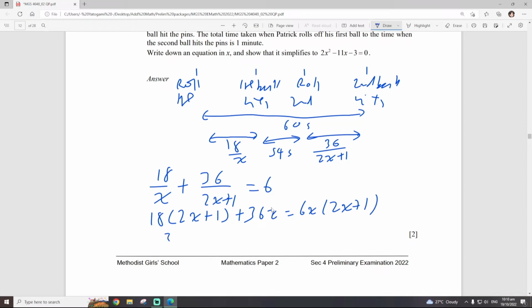We get 36x squared plus 72x plus 18 equals 12x squared plus 6x. So one obtains the equation 12x squared minus 72x.